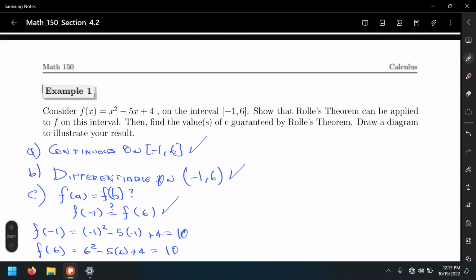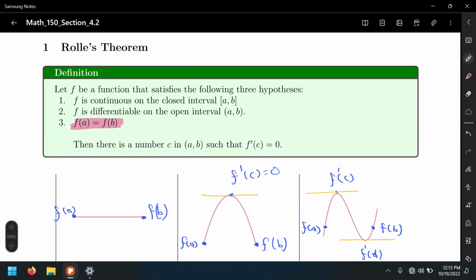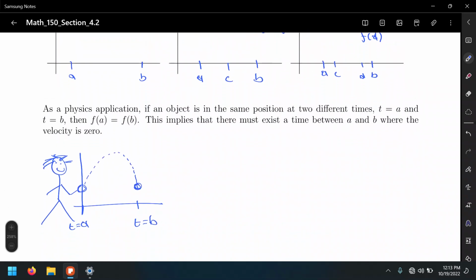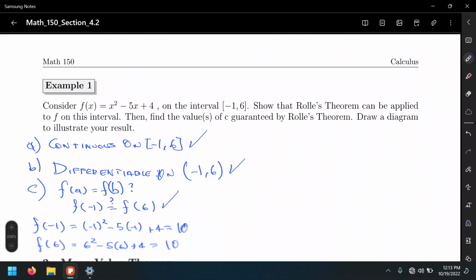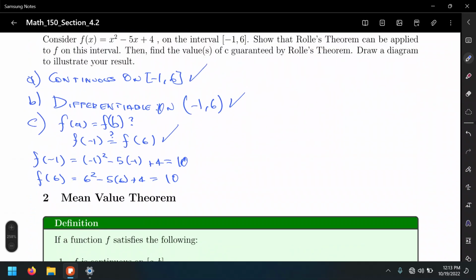All right, let's have a look at how we go about that. Coming back to Rolle's theorem, we need to find the derivative, evaluate it at c, and then set it equal to 0 to find that value of c. f of x equals x squared minus 5x plus 4. Let's take the derivative. That's 2x minus 5.